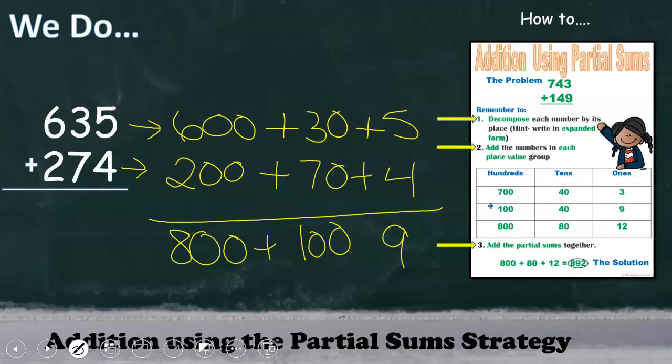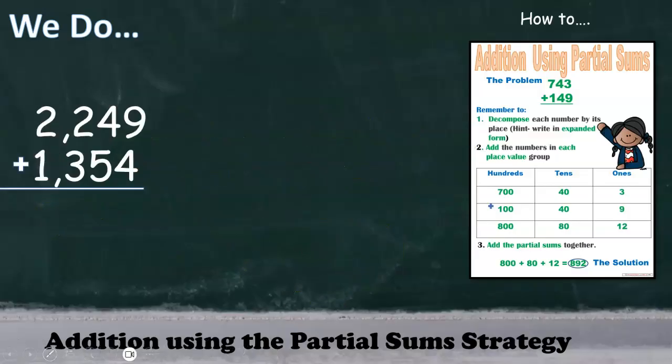I can do mental math in this case. I know that's 900 plus 9. Adding all that together, that's 909. So I know that 635 plus 274 is 909.